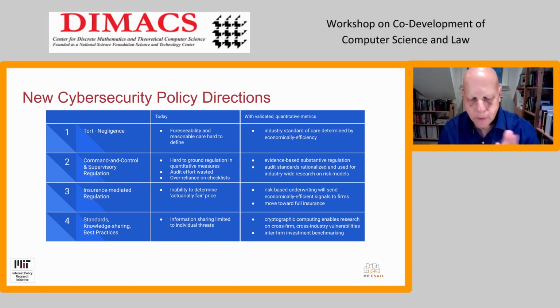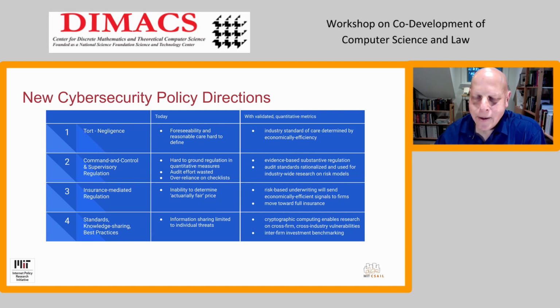So what I've done here is to try to paint you a picture of the kind of policy environment we could have if we can do better quantitative assessment of cybersecurity risk. I'm hoping that at least one person will ask me a question about the so-called dynamic adversary.